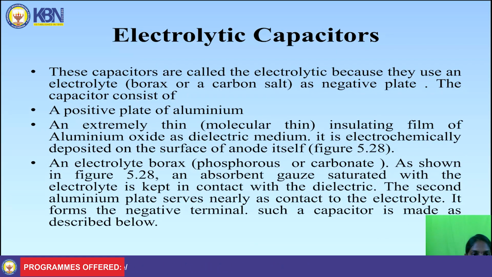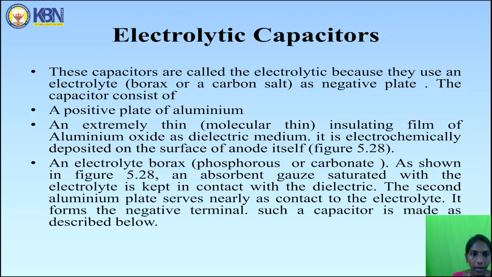The fourth type is electrolytic capacitors. These capacitors are called electrolytic because they use an electrolyte as the negative plate. The capacitor consists of a positive plate of aluminum and an extremely thin insulating film of aluminum oxide as the dielectric medium.